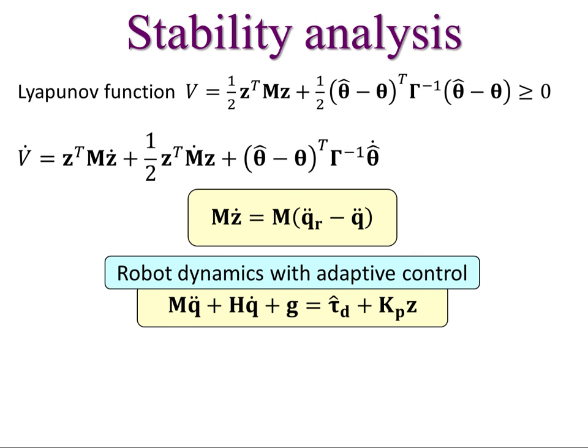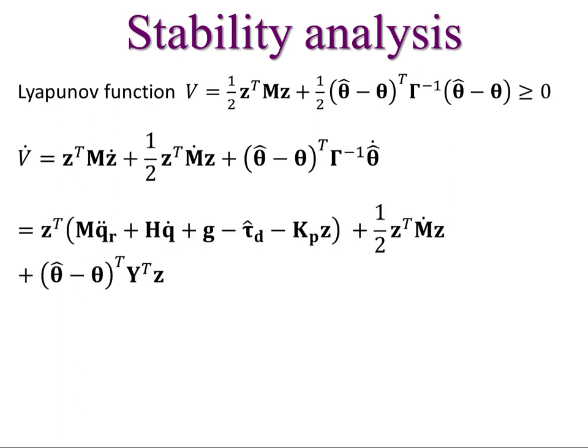By substituting this equation into the M Z dot of the equation of V dot, we obtain this equation. Note that we also substituted the adaptive law into the theta hat dot.